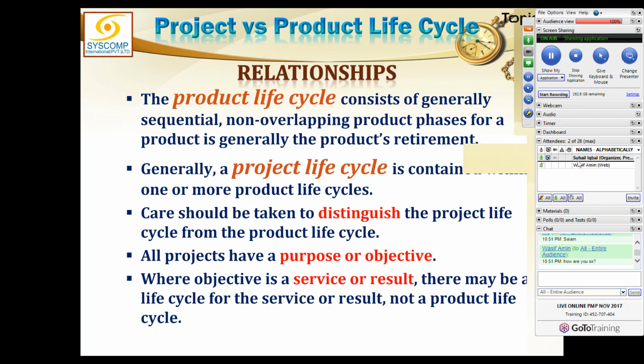Project life cycle created that product, and then that product went into the market, into the operations, and then we started churning it out from the factory. We kept producing more and more, and ultimately there was a day when that product is no more. That was the point where that product life cycle has completed. But the product life cycle had started much before the project life cycle was even started.